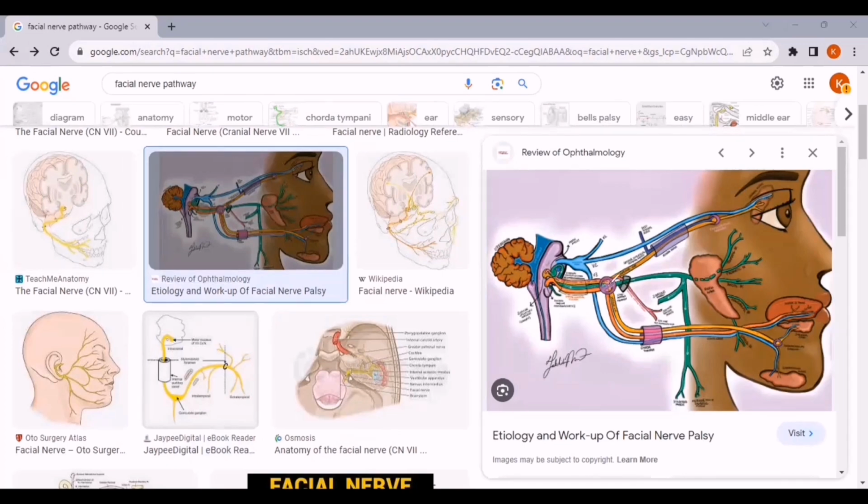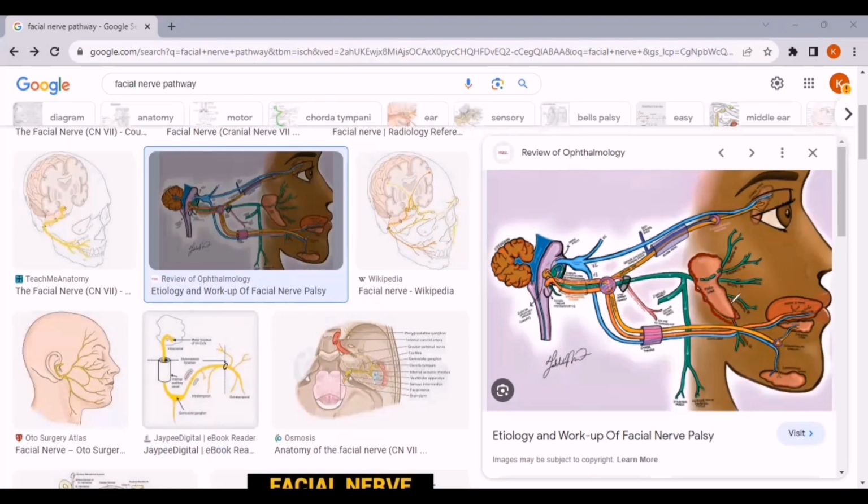If you follow it here, remember that we said that it passes through the middle ear from our previous picture. So it means that middle ear infections can also cause problems. Otitis media, if it becomes bad, can cause facial nerve palsy, lower motor neuron lesion. And again, it goes through the substance of the parotid gland.